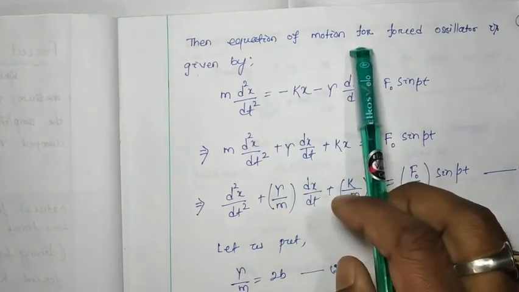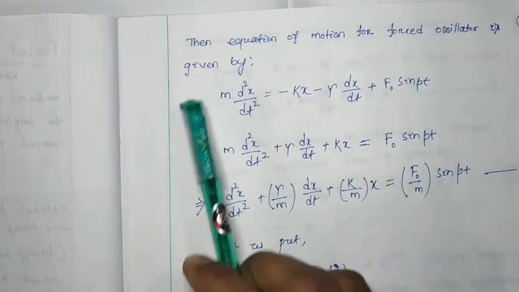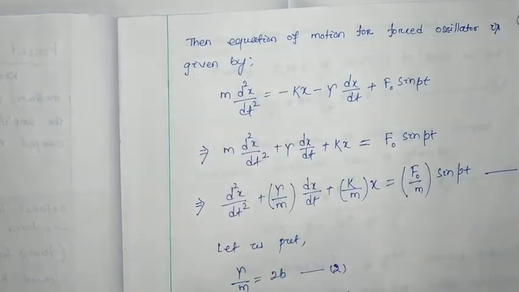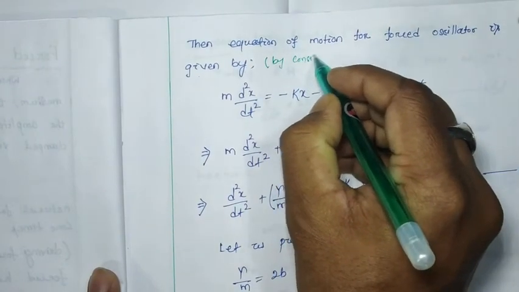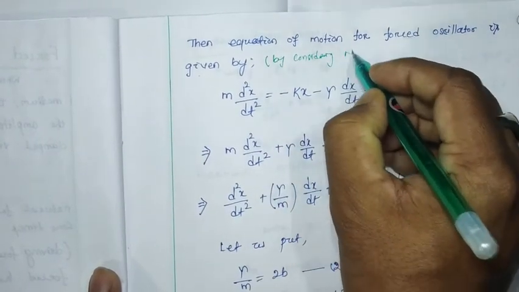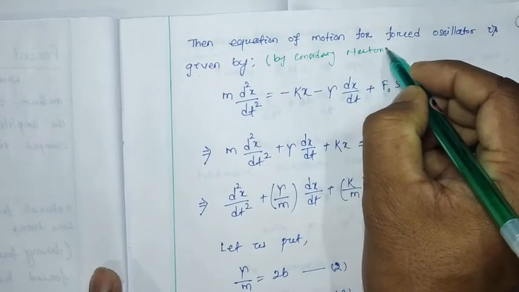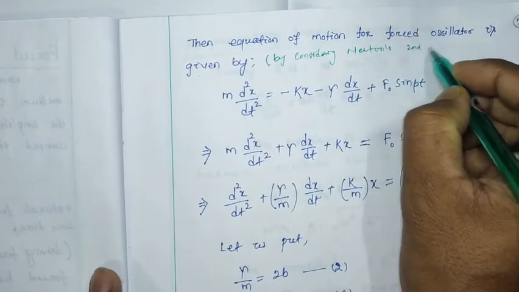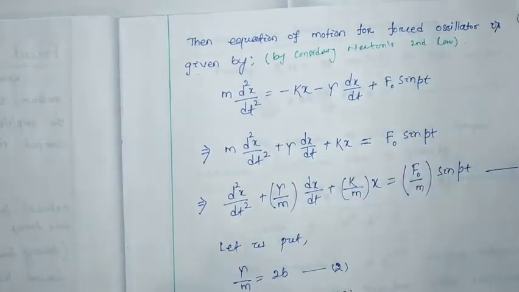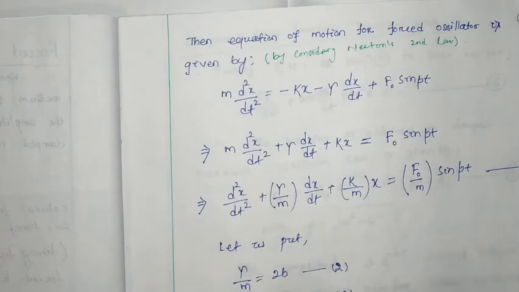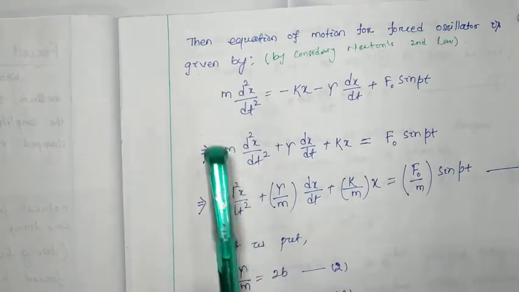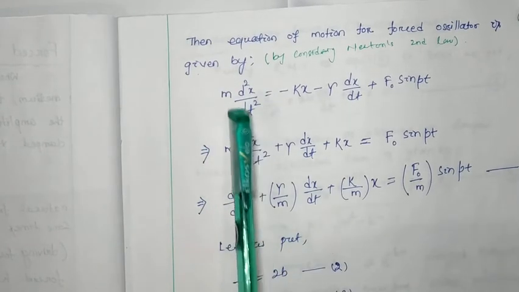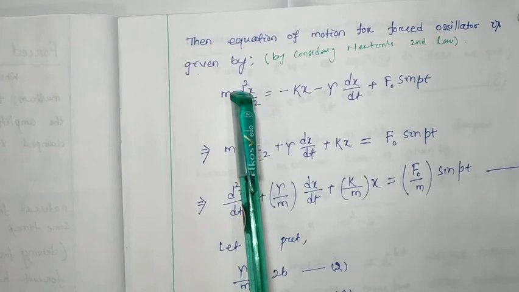The equation of motion for the forced oscillator is given by considering Newton's second law, which is force equal to mass into acceleration. So m into acceleration can be represented by the double derivative of displacement, d square x by dt square.